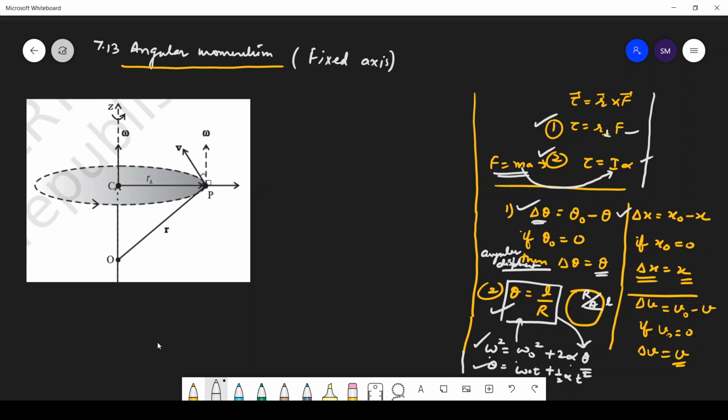Now of course we have a rotating body, and the typical particle that we are taking, typical means any particle, a randomly chosen particle, that's the meaning of typical.